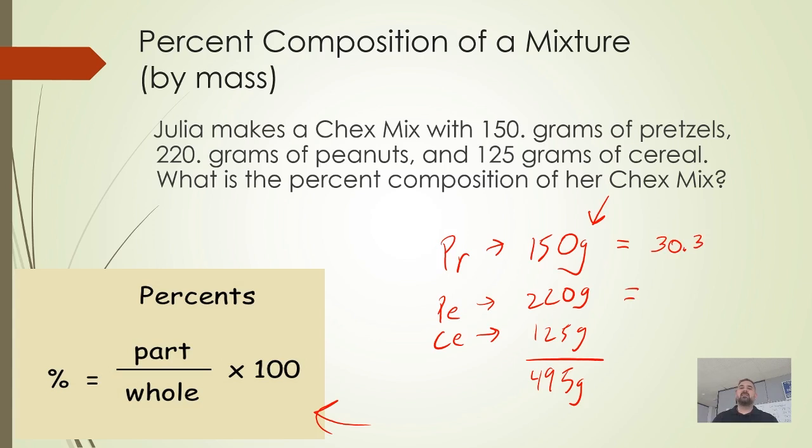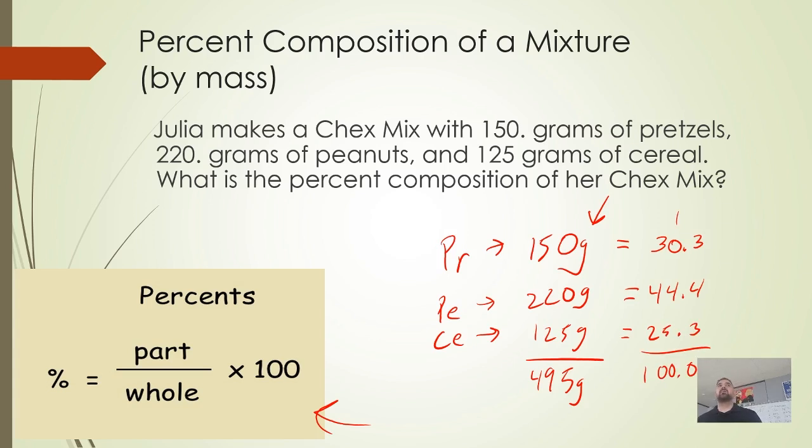Let's go ahead and get the peanuts. So that's 220 divided by 495. 44.4. And then cereal. 25.3. Now if we add these together, we should get 100%.